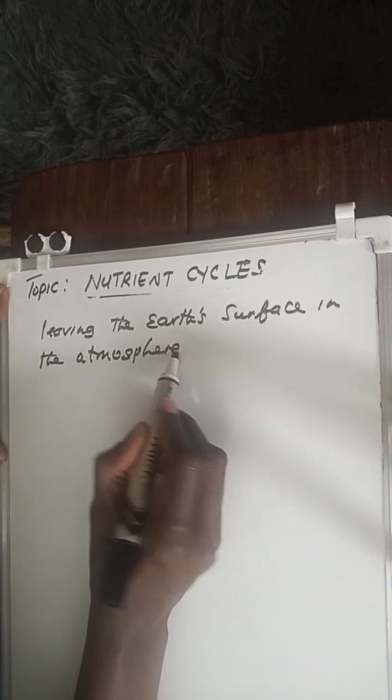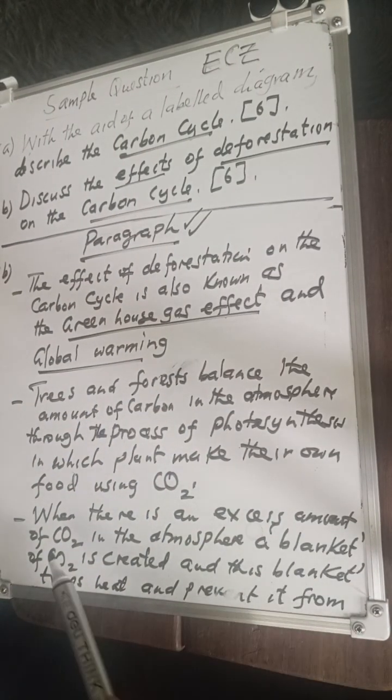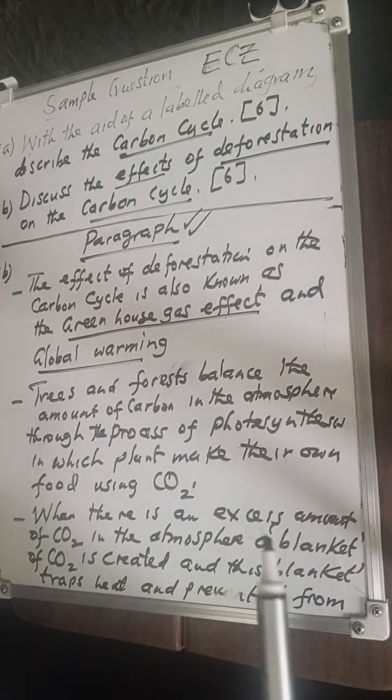So that is what is going to happen. Like I've said, when there's an excess amount of carbon dioxide in the atmosphere, a blanket is actually going to be created.